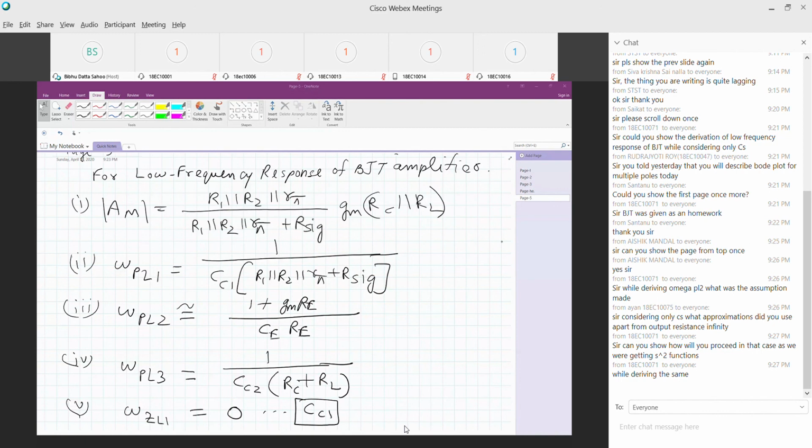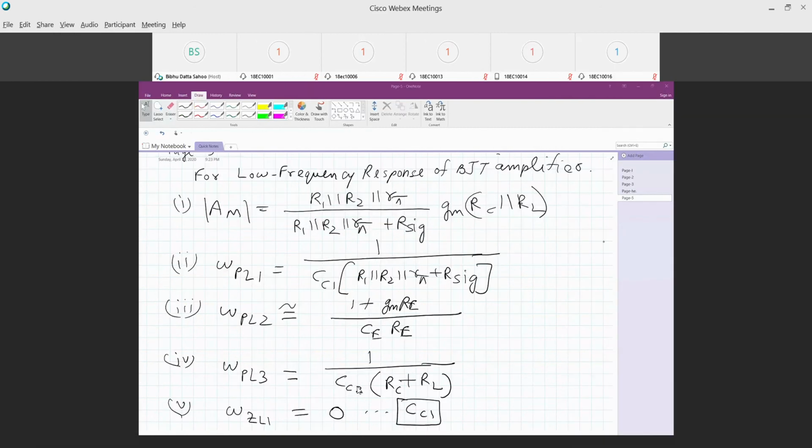I'm trying to see where that is. Okay, so then I have to solve it again.